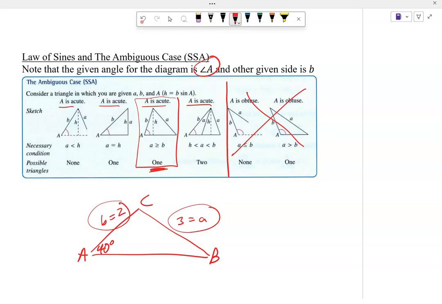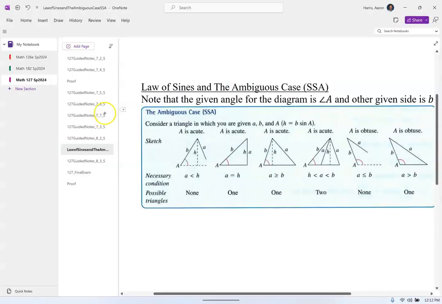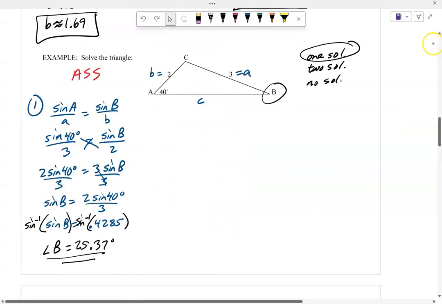In other words, only one triangle will work. Okay. Whereas if it would have been less than B but greater than the altitude, I'd have two solutions. And then finally, we'll do these other solutions. We'll get to those, but I'm just trying to explain. If you want to use this to walk you through it, you can. You may not have to. If you work the math right, you should be fine. But I think it's valuable just to see it laid out.